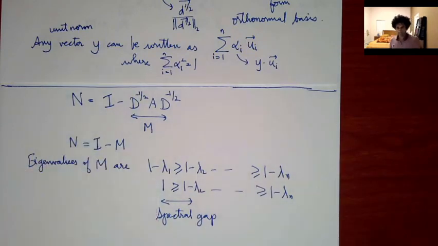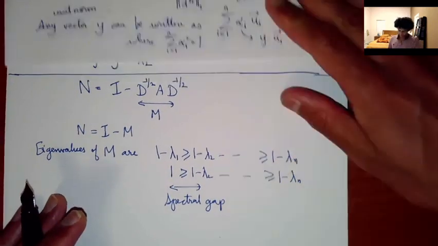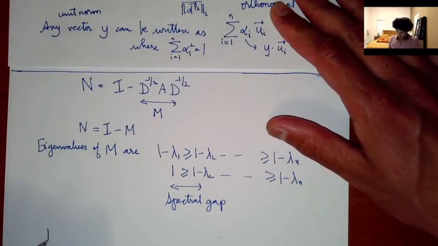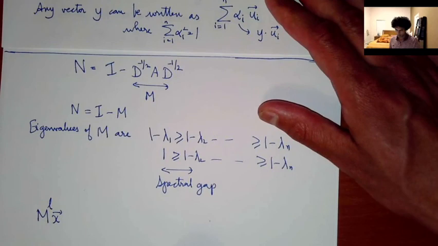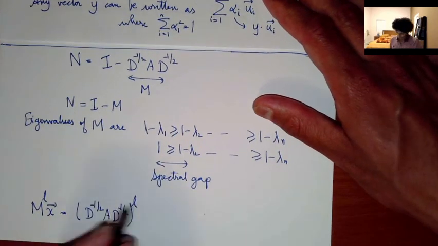But this matrix M is quite interesting, because if you do M to the L times some vector x, so that's D to the minus half A D to the minus half to the power L times some vector x.